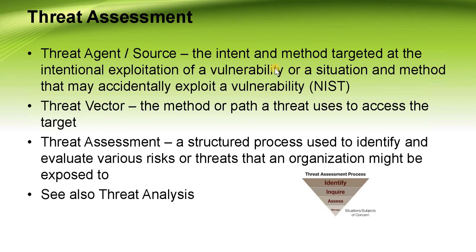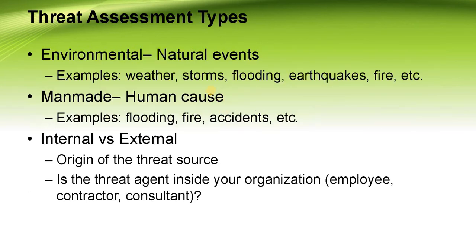You can also see threat analysis in the previous two or more videos. Here you can see the threat assessment types: environmental, man-made, and internal versus external. This is the best example.